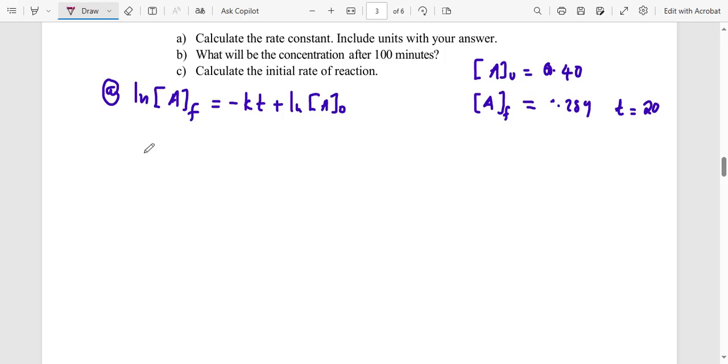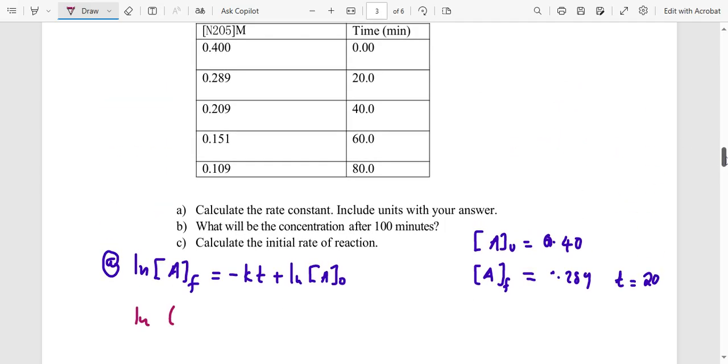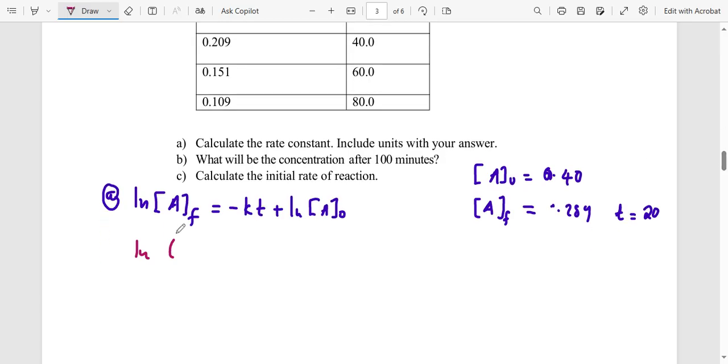So we'll say natural log of the final concentration, in this case 0.289, is going to be equal to negative k, which we don't know, times the time, which is 20, plus natural log of the initial concentration, 0.4.